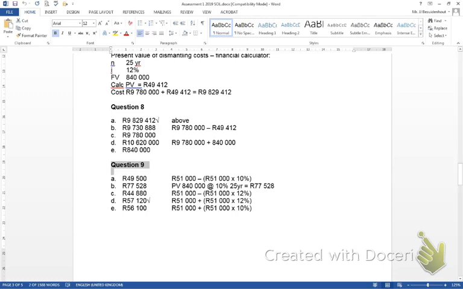So the shortcut answer is that one there. 51,000 times 12%. That will be added to the 51 already in the provision account, giving you the 57,120. 57,120 rands. Thank you.